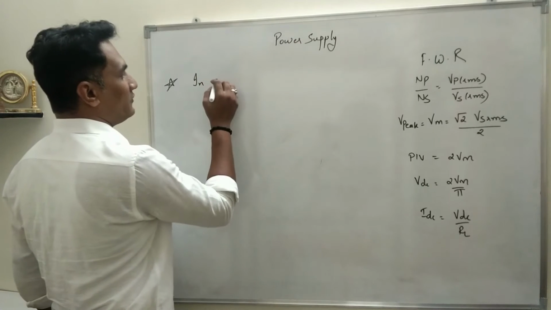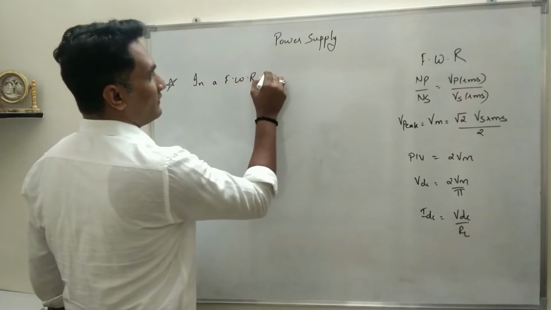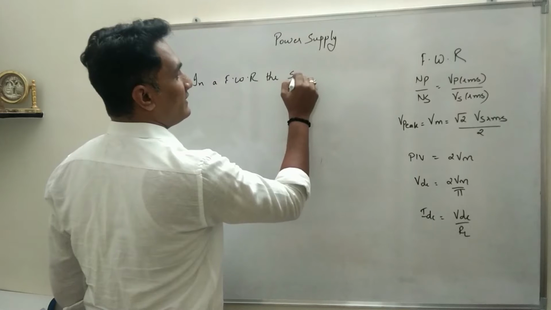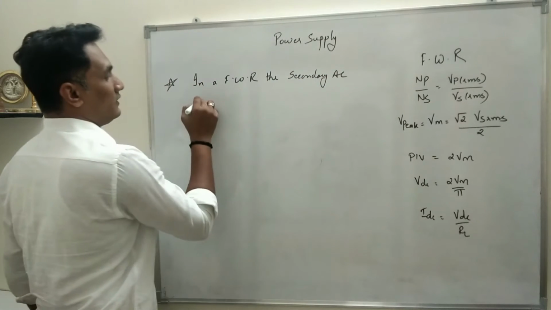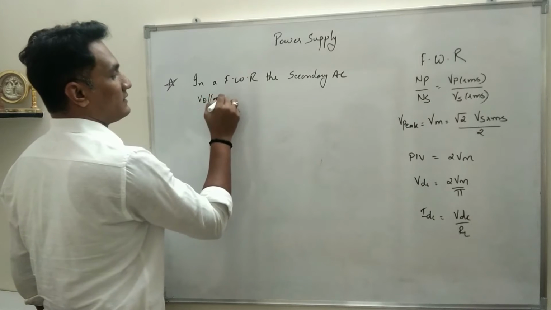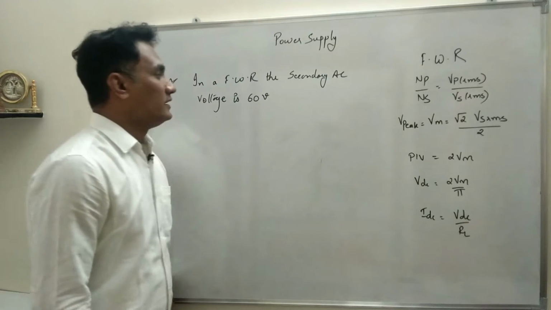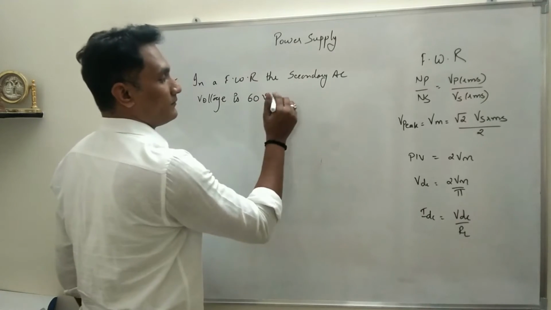The problem statement is like this: in a full wave rectifier, the secondary AC voltage is 60 volt.